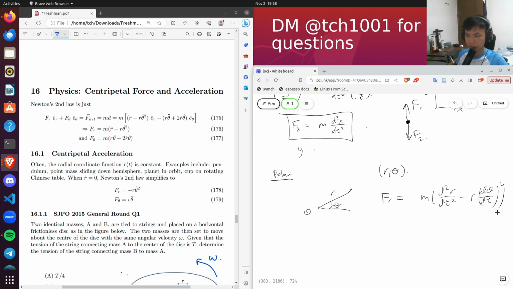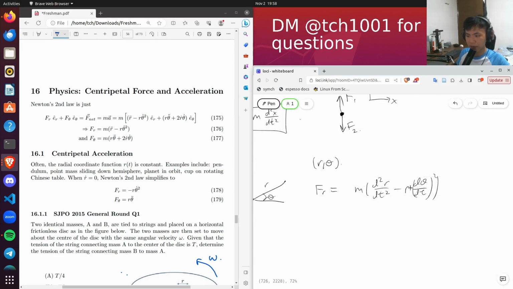Okay, if I write it in a more compact notation, I'll have this.